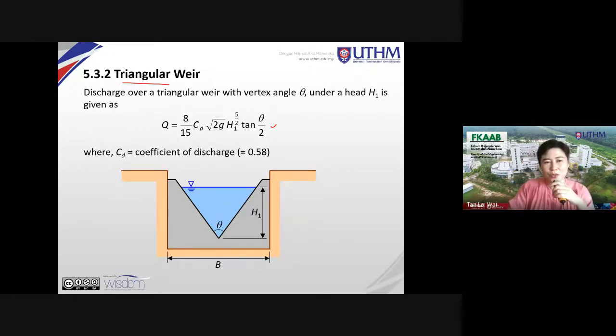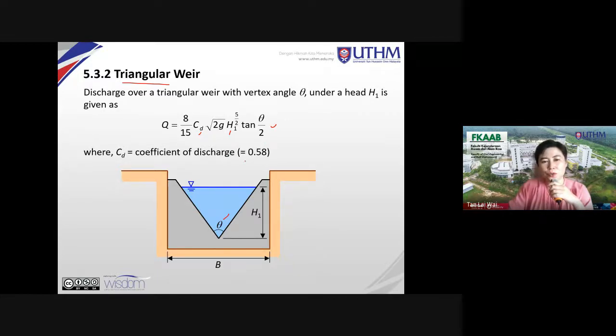Similarly, the discharge depends on the discharge coefficient as well as the head of water flowing above the crest. And in the triangular case, you have theta over 2, which is the opening of the triangular weir.